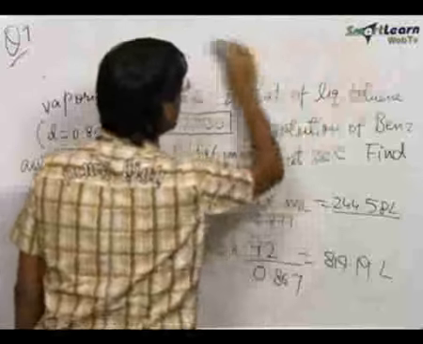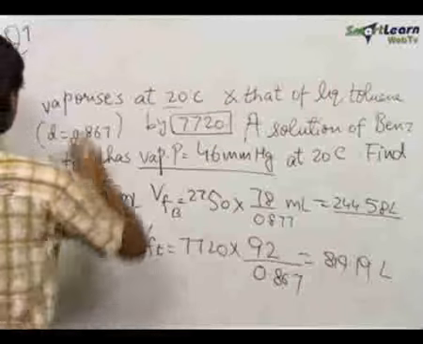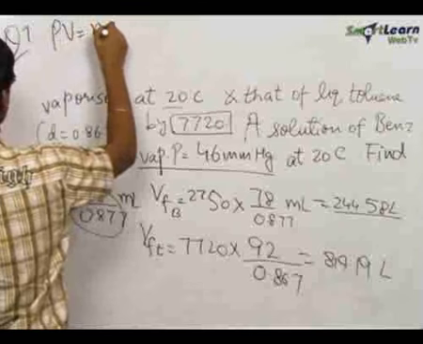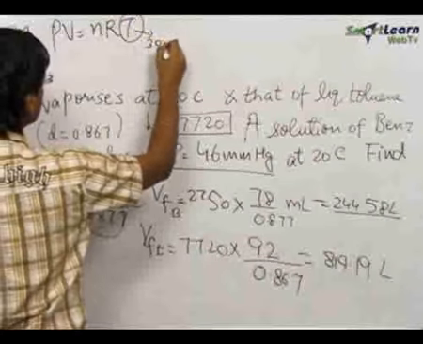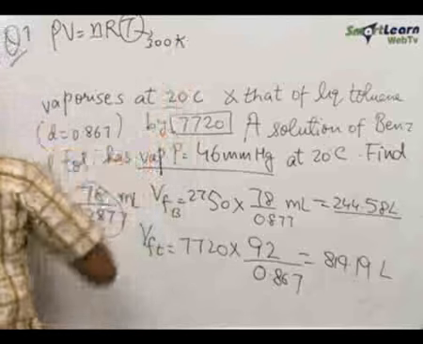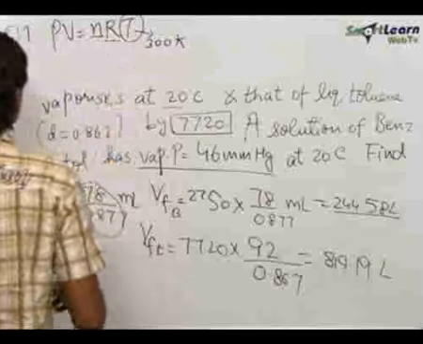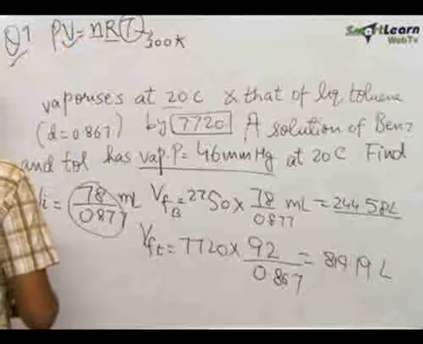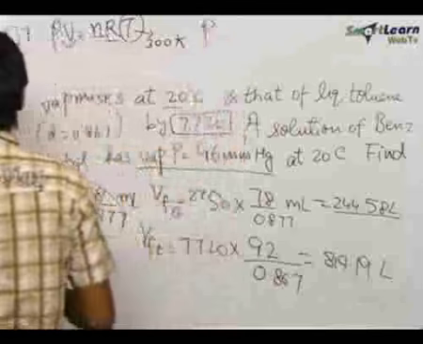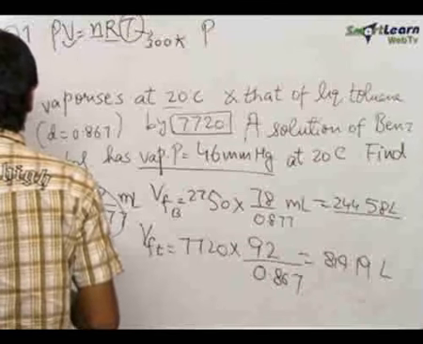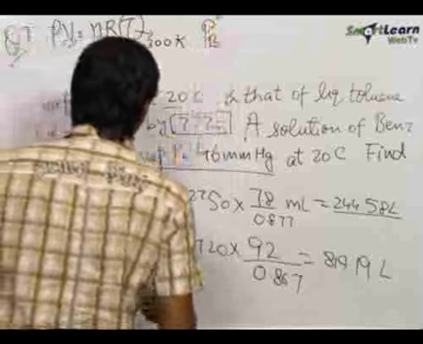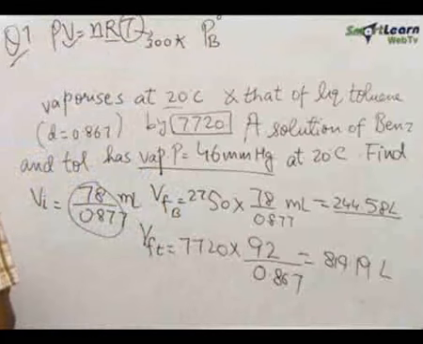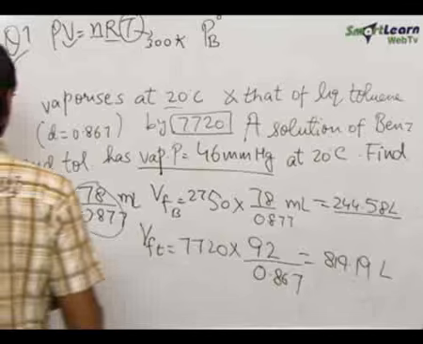Now, considering these two as ideal gases, we can apply the ideal gas equation, PV is equal to nRT. We have the temperature to be equal to 300 Kelvin. We have n, we have R, and we have the volumes. So we can find out the pressures for toluene and benzene. Let us say the pressure for benzene vapor is PB naught.